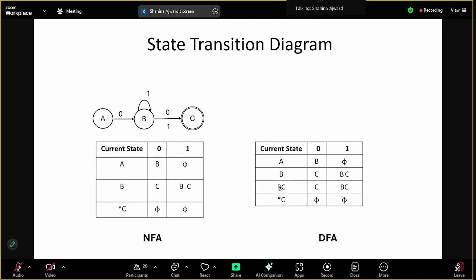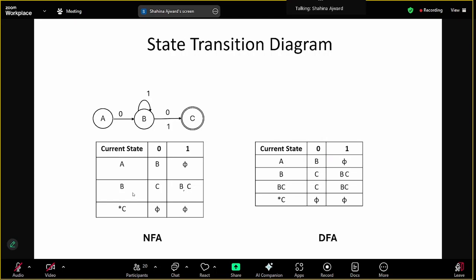So what do we mean by this BC? When you check the transition, you have to check the transitions of both B and C. So we check what happens to both B and C states when they get input symbol 0. We go to this table. When the state is B and the input is 0, it goes to C. That's not enough.